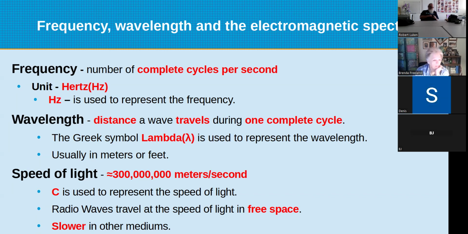Wavelength is kind of related to the period. It's the distance that the wave travels in one complete cycle. Now, depending on the medium, if it's free space, these waves travel at the speed of light, which is approximately 300 million meters per second.